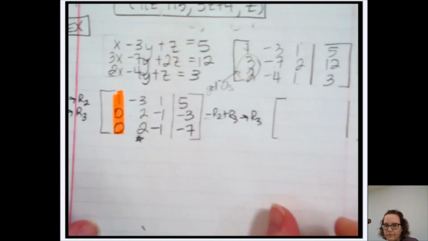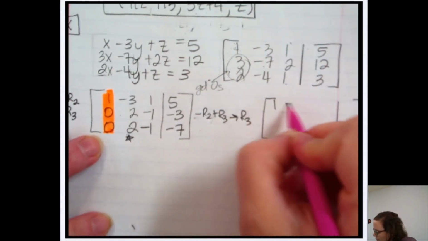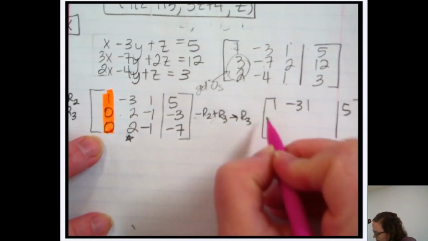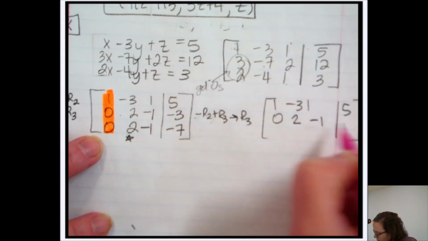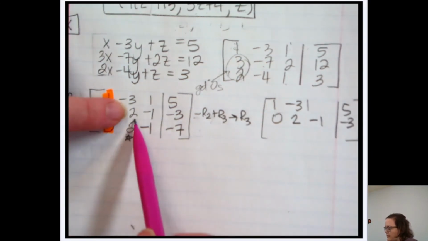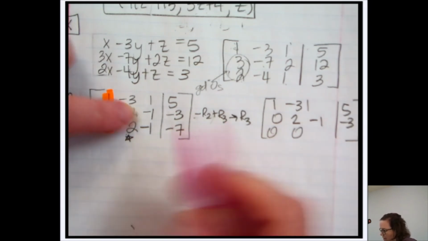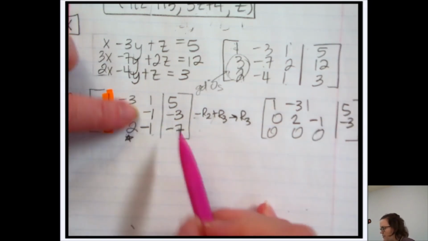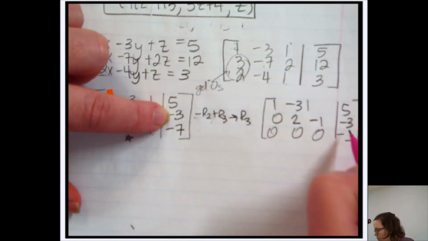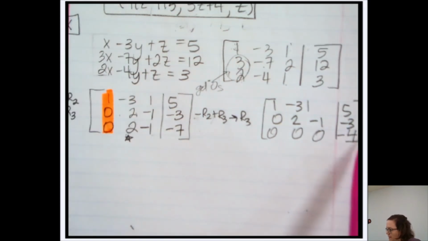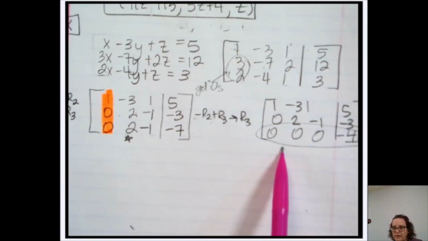Okay. So row 1 and row 2 don't change. Okay, so opposite of here, so that makes 0, and opposite here makes 0, and opposite here makes -4. Well, we have the issue again. We have all zeros here.